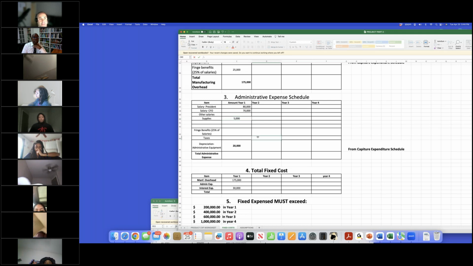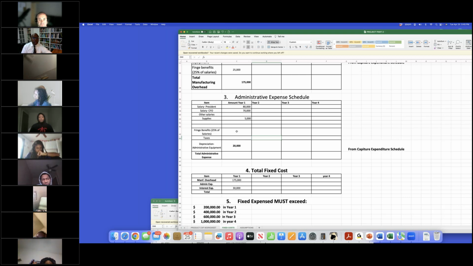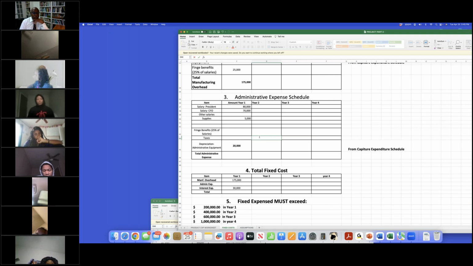Okay, we got to put our fringes in. So 150,000, that's 37,500. And now we're going to total the administrative expenses, and they're 212,500.